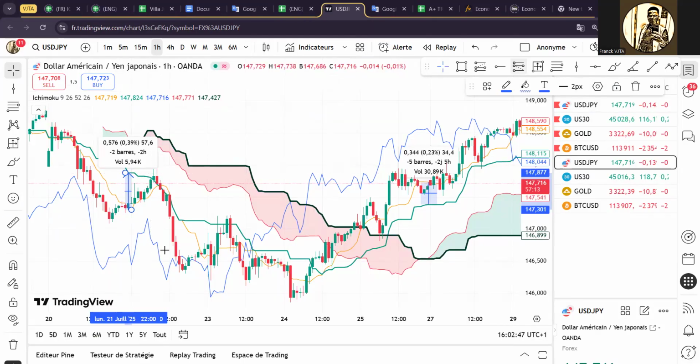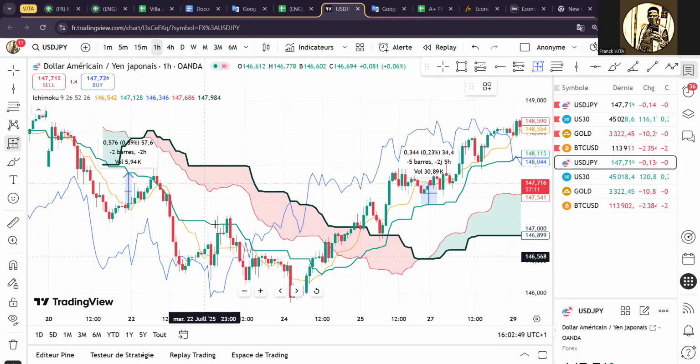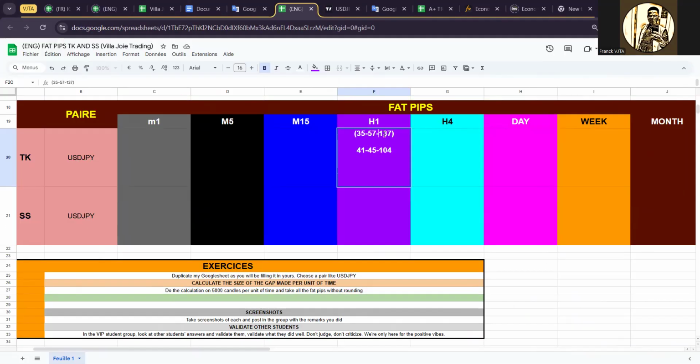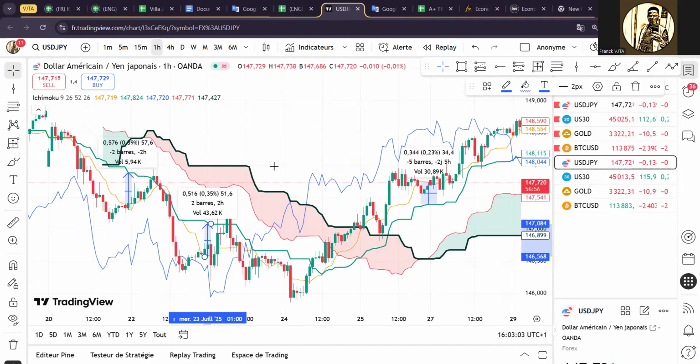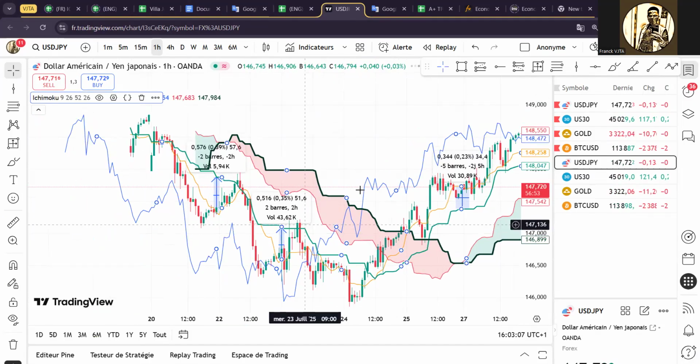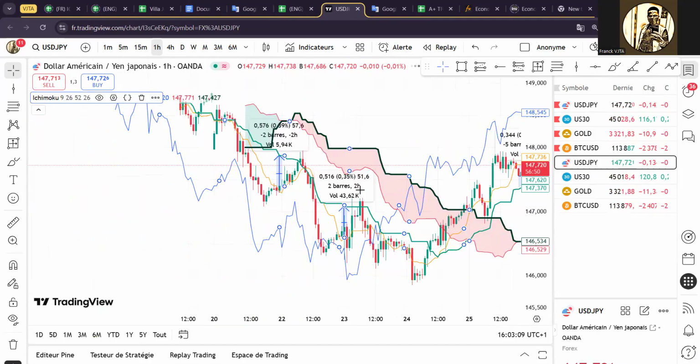57, the space between Tenkan and Kijun. Even this one, 50, 51. I also have 51 pips.